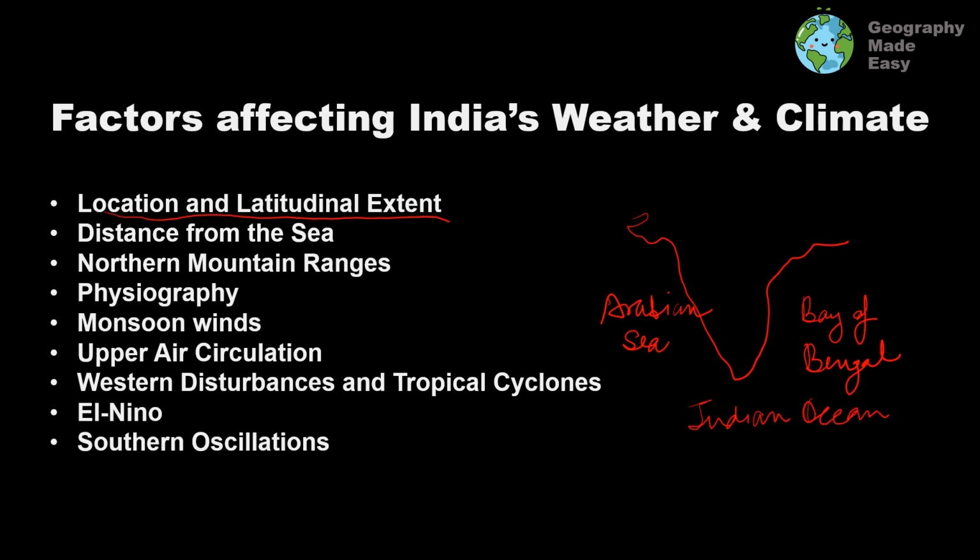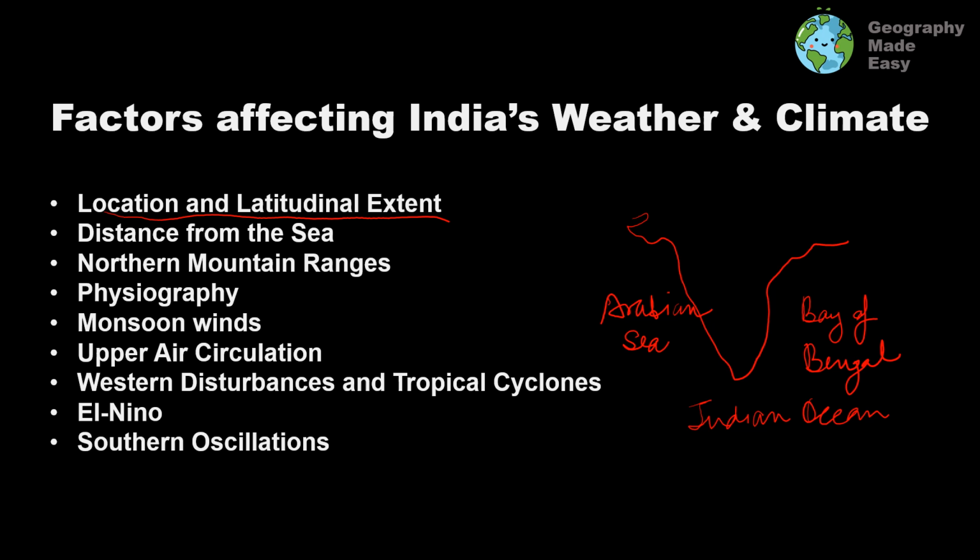The presence of the water prevents the coastal part of India from experiencing extreme temperatures, that is, too hot or too cold. So we see that the coastal areas and the southern part of India experience a moderate type of climate.